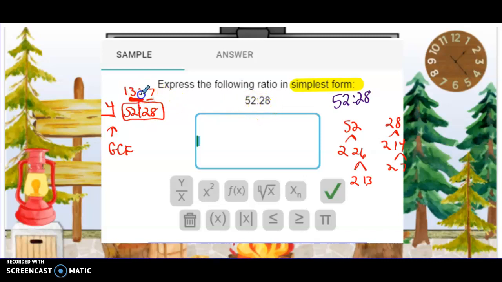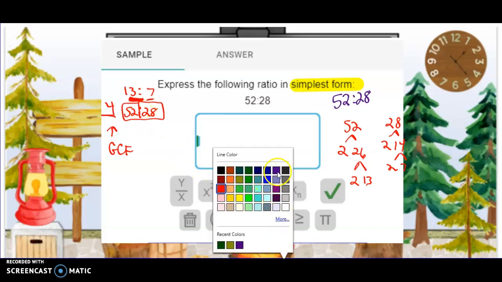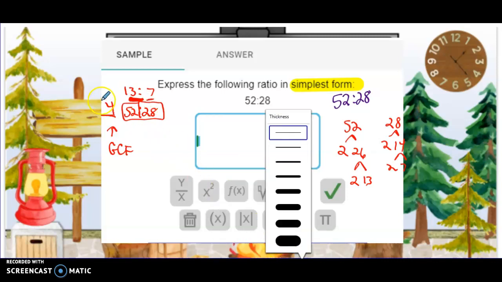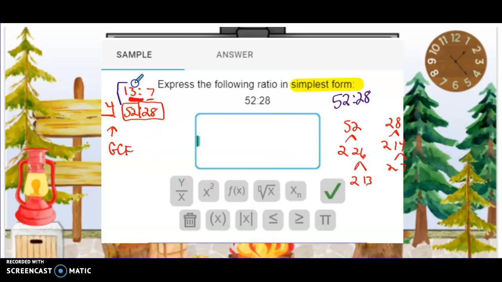So this is my ratio in simplest form. And if I complete this little puzzle here, it kind of looks like a factor puzzle. So this could be a missing number. This is all kind of just trying to connect what we've been doing to what we are doing now in today's problems. So my ratio in simplest form is this answer right here, 13 to 7.